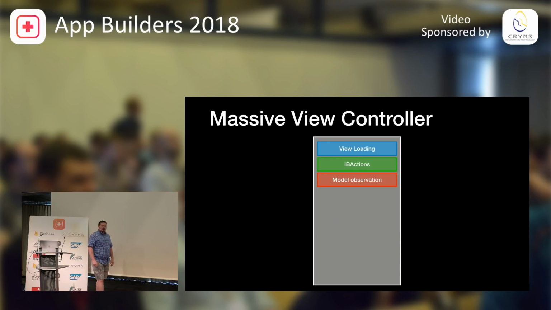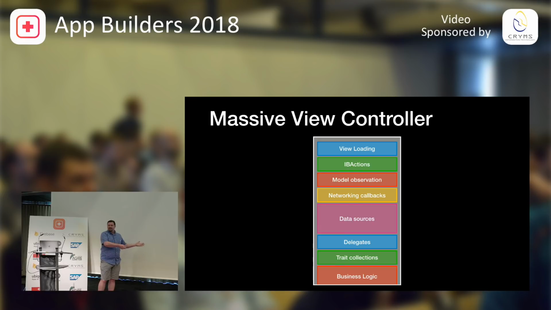You implement IBActions. You've got model observation. You've got networking and callbacks. You have your data sources to supply information to your table view or collection view. Then you have delegates to handle reactions to that. And of course, you have trait collections, because this might be a hybrid iPad and iPhone app, or supporting multiple size classes. And then there's also the logic that makes your app your app.